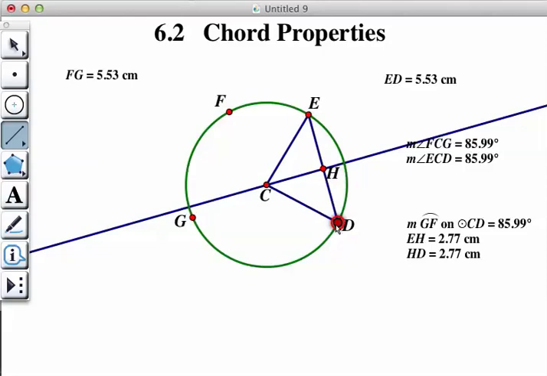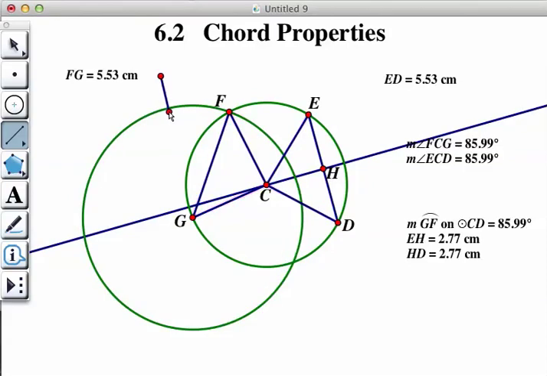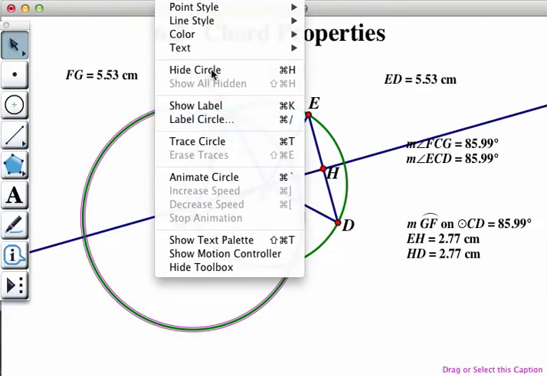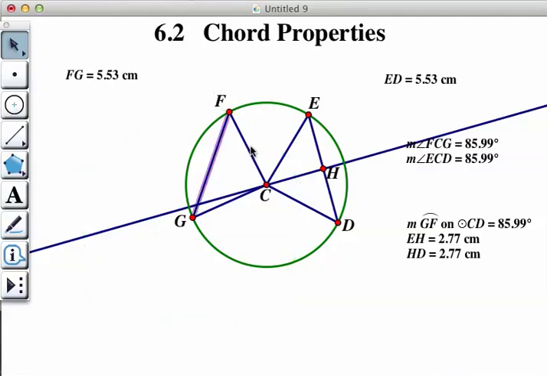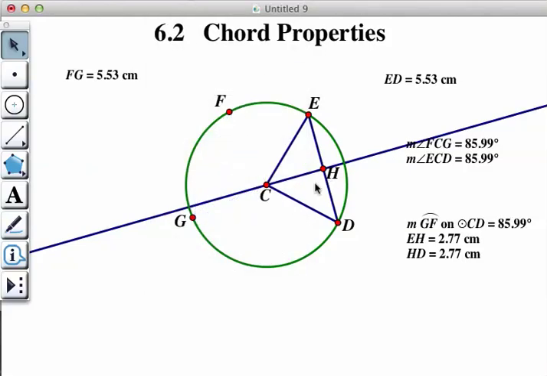If I put my radii back in here, actually I can just unhide them. If I put those radii back on there, I know that this segment is congruent to this segment.